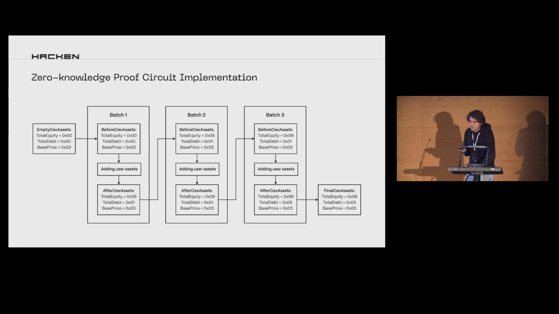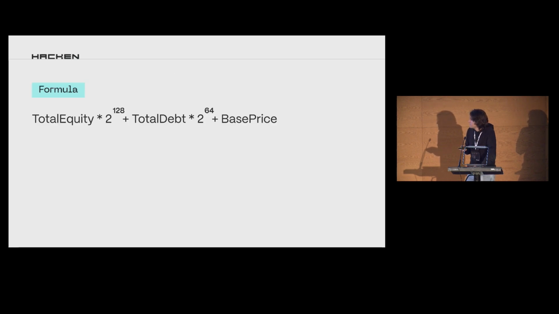To connect every batch, they use the hash of total equity, total debt, and base price for every cryptocurrency they hold. And to connect them, they used an optimization, because why would they use three numbers to connect one batch to another?